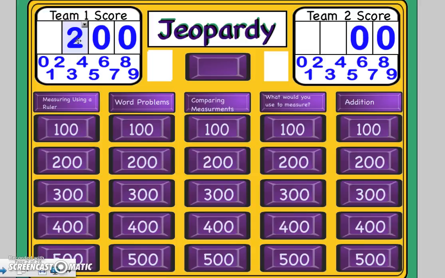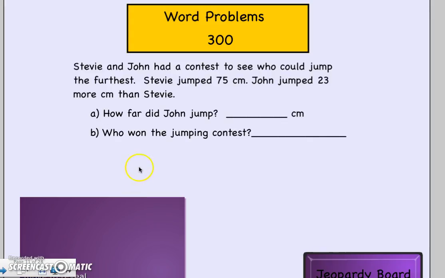At this time, I'll take you through some of the other categories to see some of the questions and answers so you can get an idea of what the students would be working on. Let's say we did word problems for 300. So you have a word problem here, and this asks you to answer it in 2 parts.